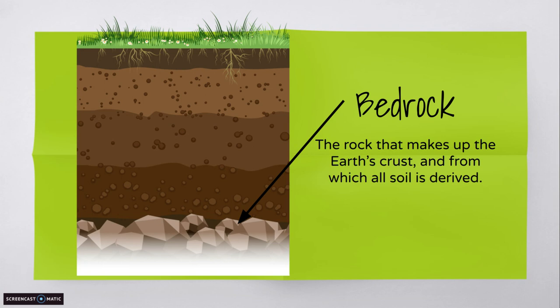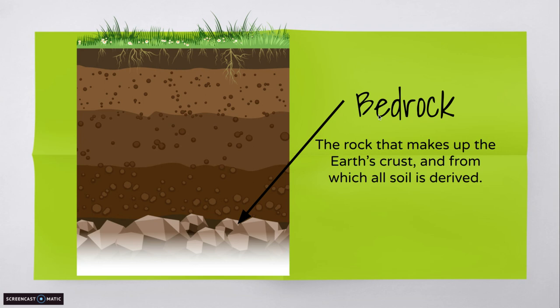Hopefully the natural processes you'll recognize, right? Freezing and thawing will gradually break down rocks. Plant roots can grow between rocks and break them into smaller pieces. Animals, acid rain, these are all things that can help break down rock into smaller pieces, and slowly over time that bedrock can help form new soil.